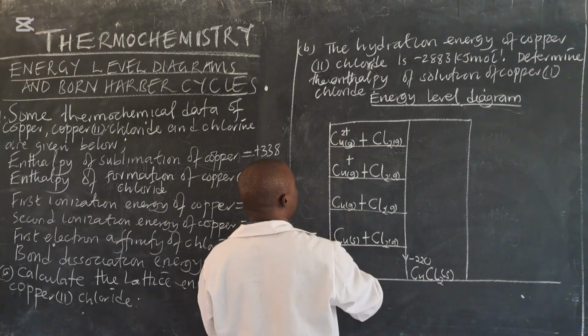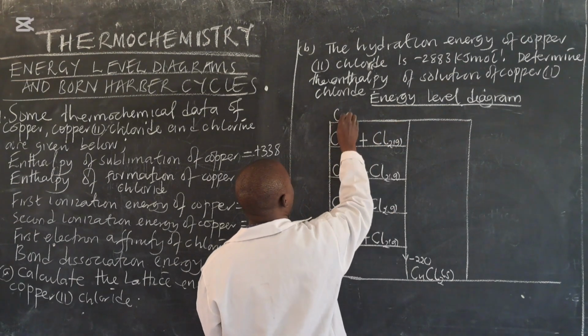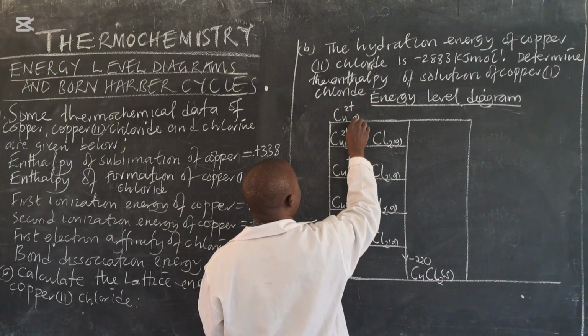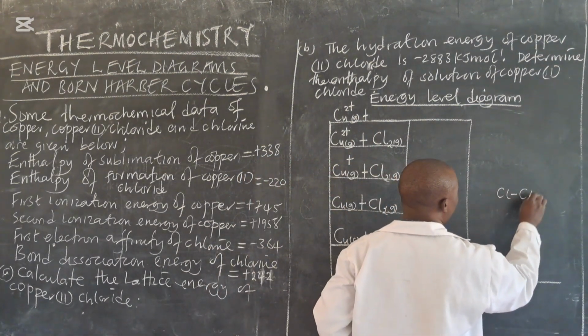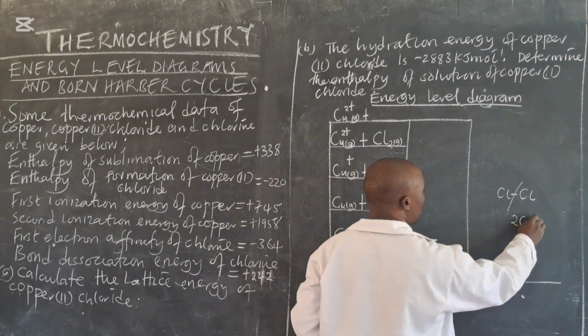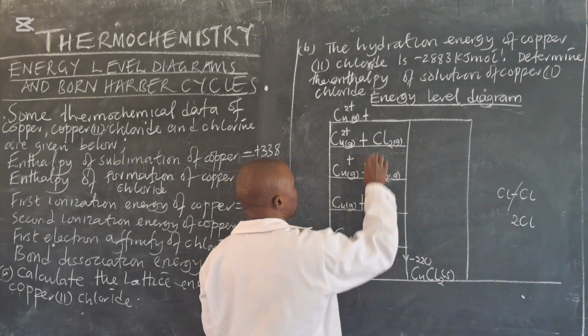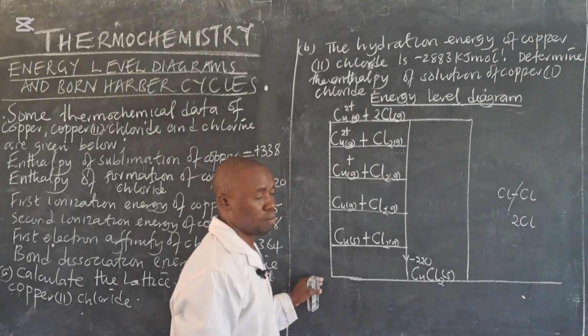Then finally we can work on chlorine here. So copper 2 ions, gaseous, plus this chlorine molecule, we can break this bond, then form 2 chlorine gaseous atoms. So this is it, chlorine gaseous atoms here.